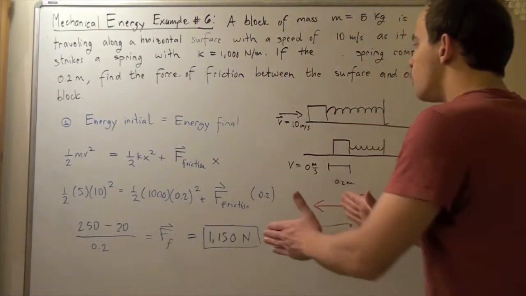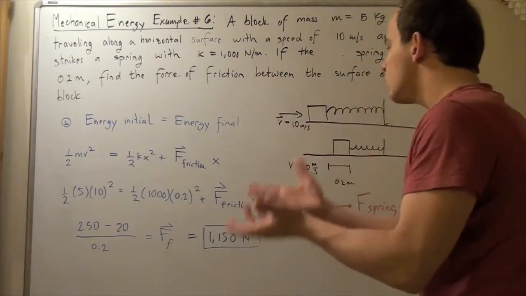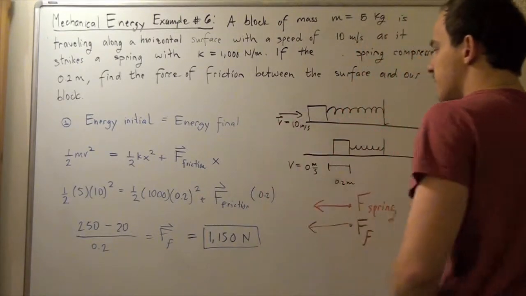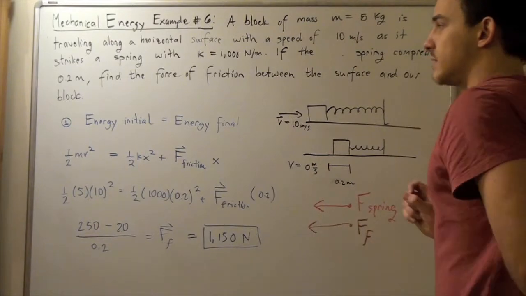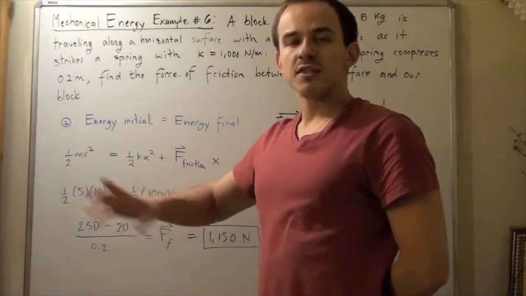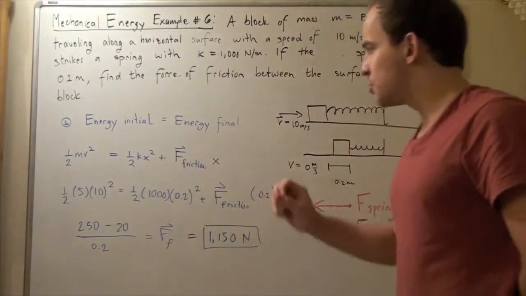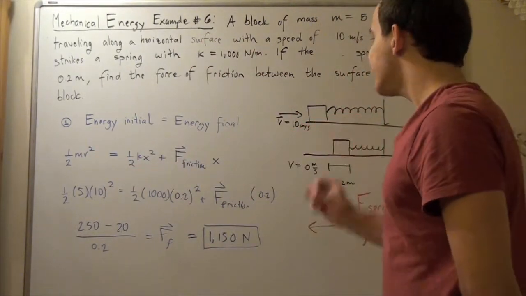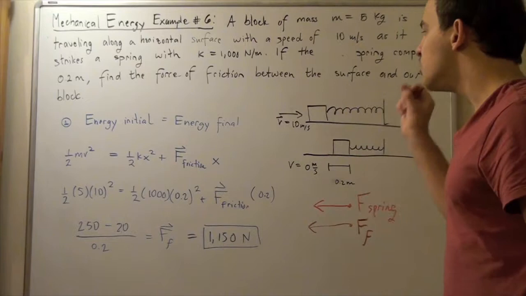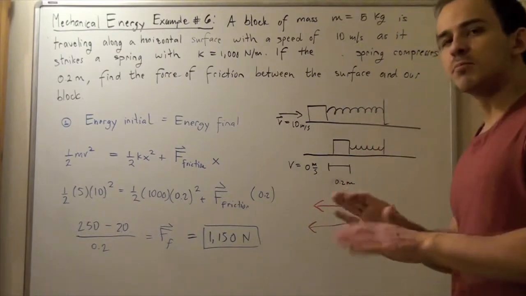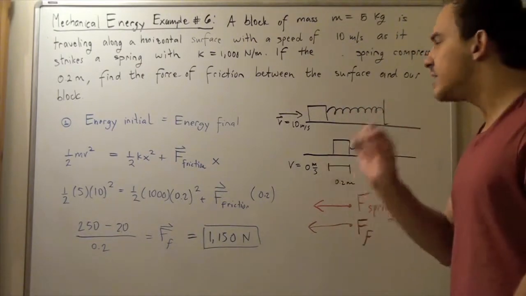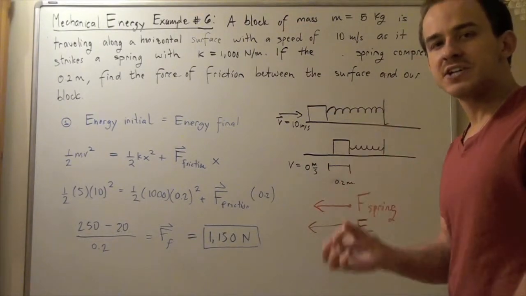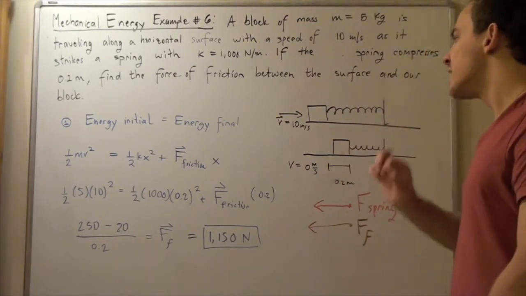So, the energy we begin with is equal to the energy we end with, where this is our initial system and this is our final system. So, energy initial is equal to energy final. So, what is our initial energy? Well, notice initially our spring is not compressed, and that means our displacement is 0, so our elastic potential energy is also 0.